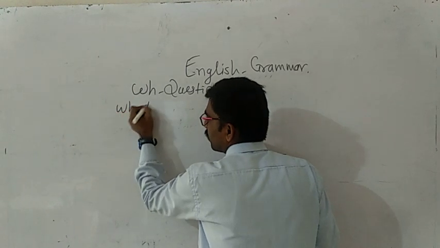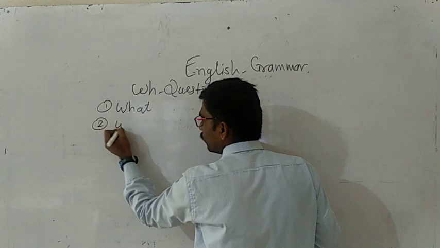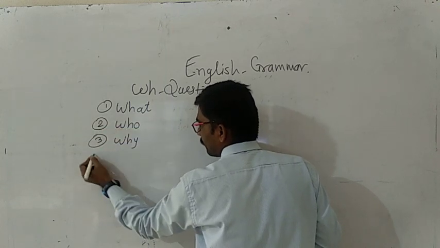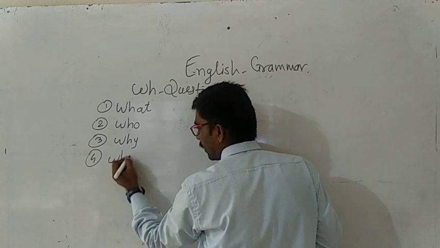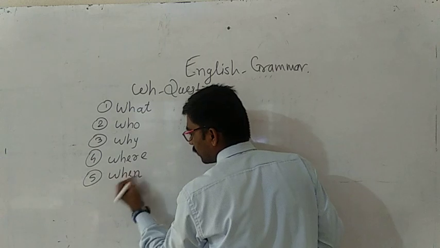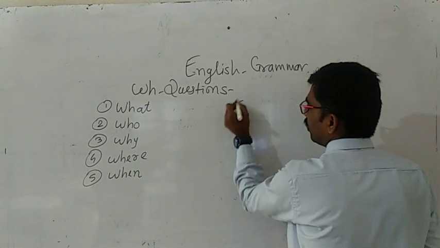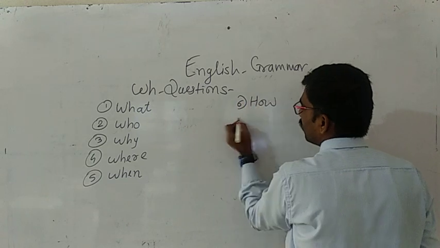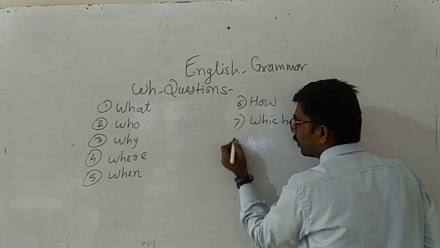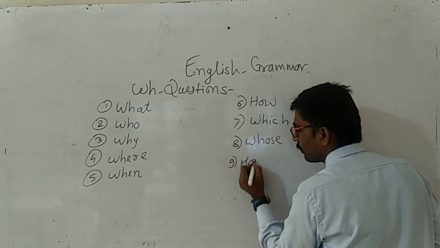What? Who? Why? Where? When? Then how? Then which? Then whose? Then how many?